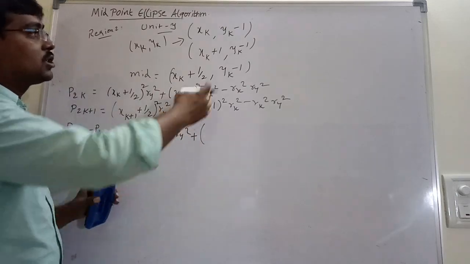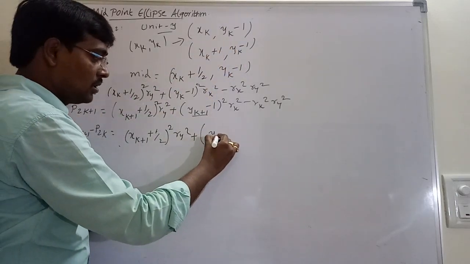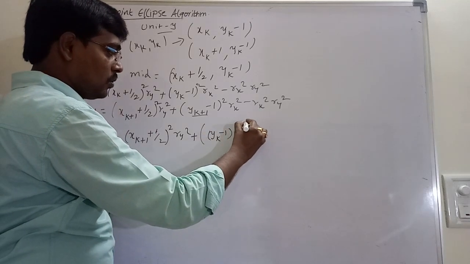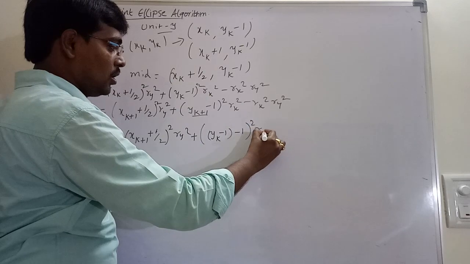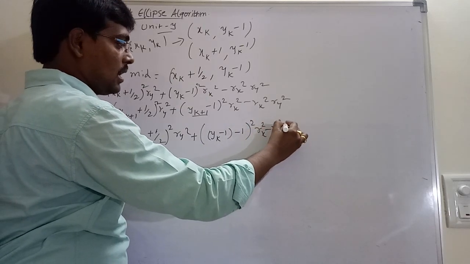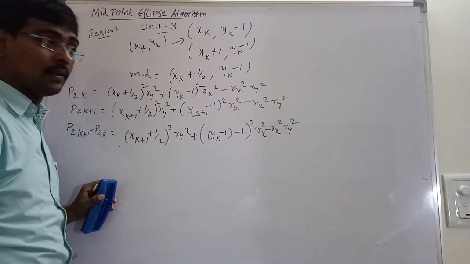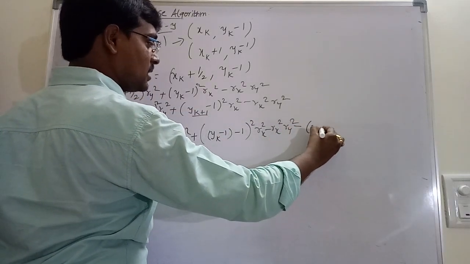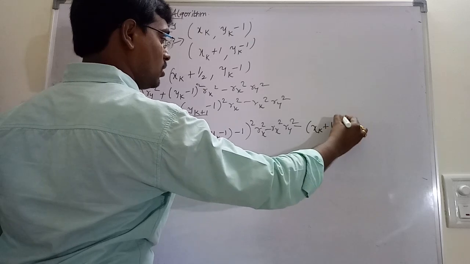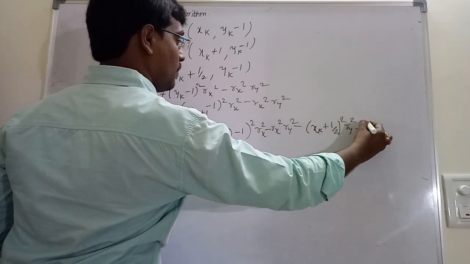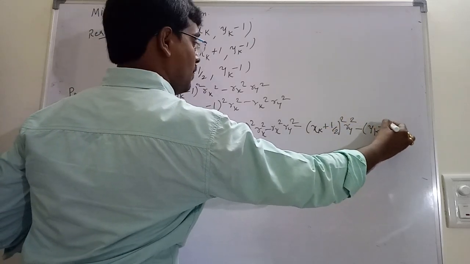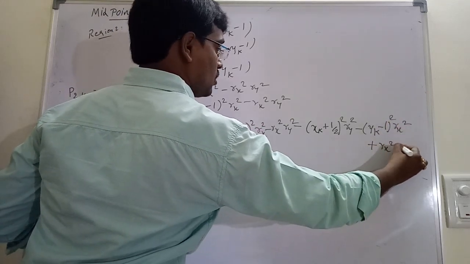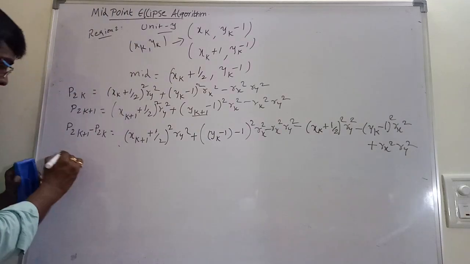Yk plus 1 means the next y coordinate, that is yk minus 1, whole square into rx square minus rx square ry square minus P2k terms. P2k terms means (xk plus half) whole square into ry square minus (yk minus 1) whole square into rx square plus rx square ry square.